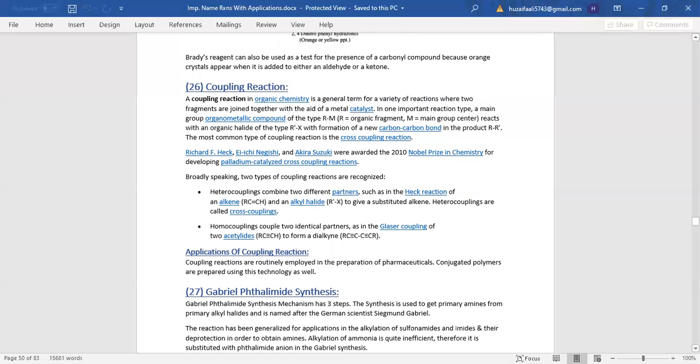The most common type of coupling reaction is the cross-coupling reaction. Richard F. Heck, Ei-ichi Negishi and Akira Suzuki were awarded the 2010 Nobel Prize in Chemistry for developing palladium-catalyzed cross-coupling reactions.